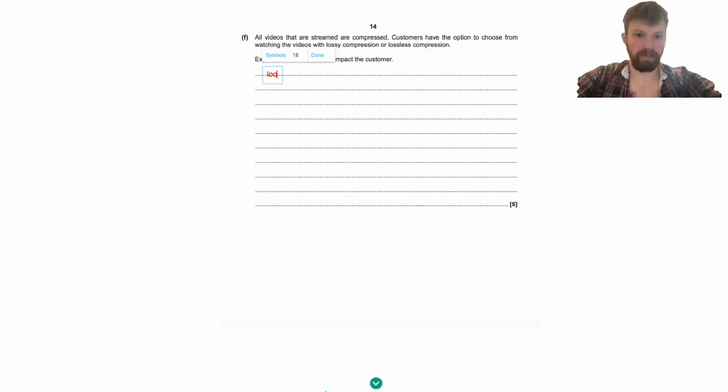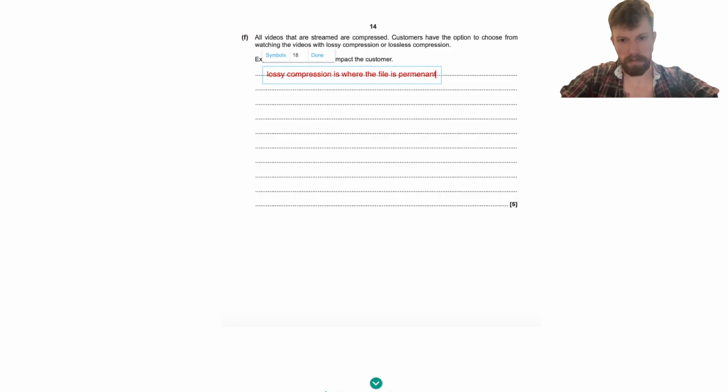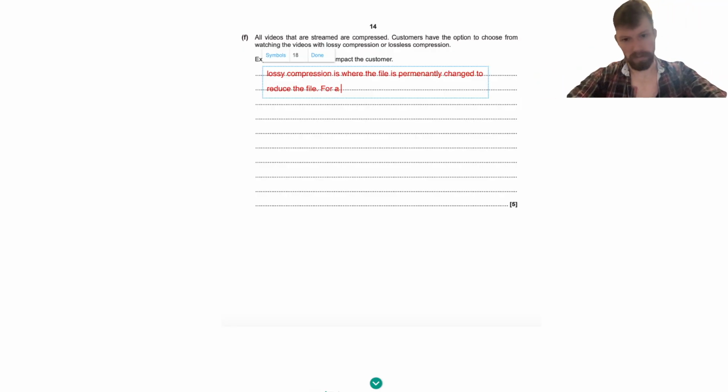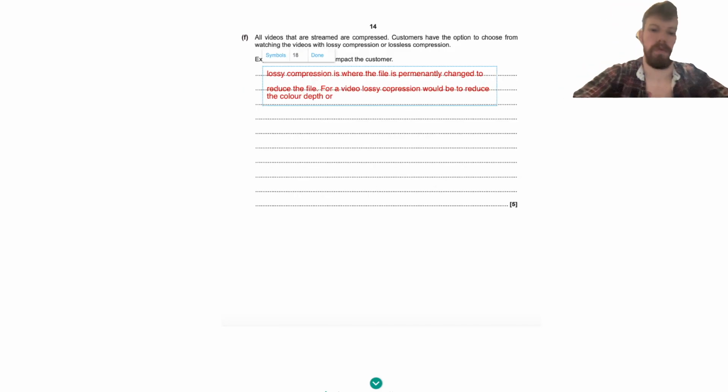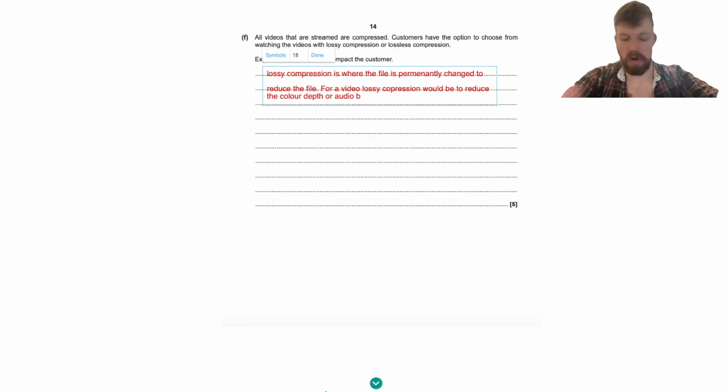So lossy compression is where the file is permanently changed to reduce the file. So that's a generic point, and then what I would do is apply this to the scenario. So for a video, lossy compression would be to reduce the color depth or audio bit depth, because with video you've got audio, so audio bit depth.